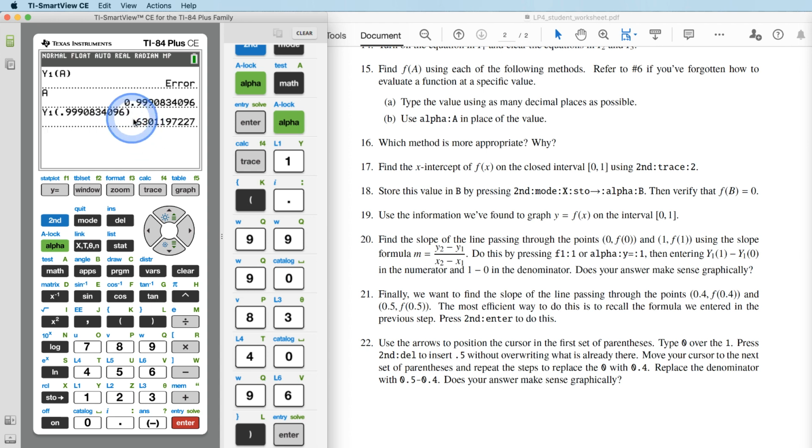But this doesn't really definitively show us that there's an asymptote there. It just means the graph has a really high y value at 0.990834096. Because the actual value of a goes beyond that. It has more decimal place values than what we're seeing at the end of this number here. So being able to store a value and not rounding it when you're working with calculations can be extremely important.